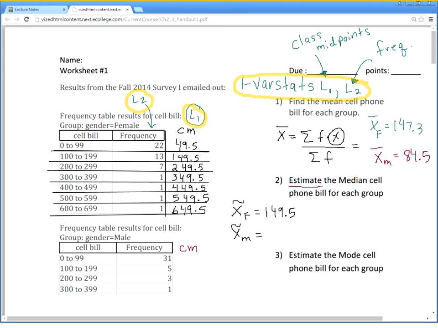Okay. Now, just remember that I actually didn't find the mean for the males. I just gave you the answer, and I want you to do it. You have to do it the same way that we found the mean for the females. The table that you're looking at is a little bit smaller, so it wouldn't be as much work.